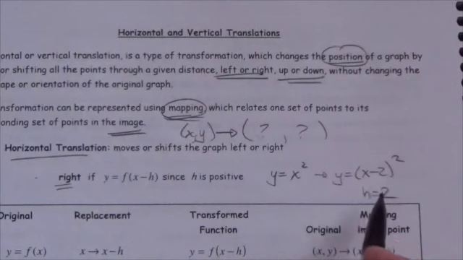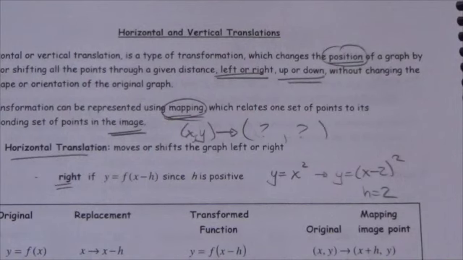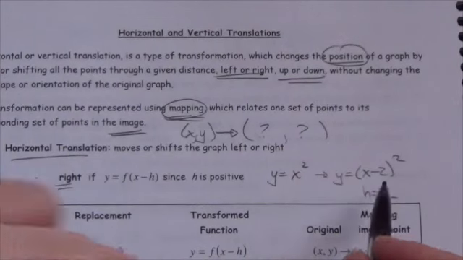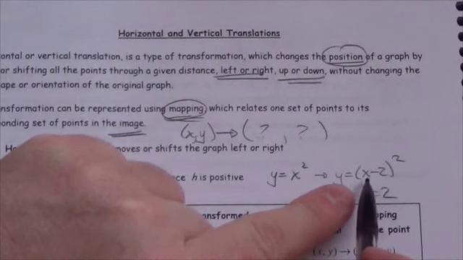Now, another way that might help you understand how this works, because a lot of times when people look at this, they'll see x minus 2, and we tend to associate minus with going to the left, and we should. That's the correct assumption to make. But in this case, when you see a minus inside that notation, it actually means going to the right 2. Another way to think about it is, what would you do to get x by itself?